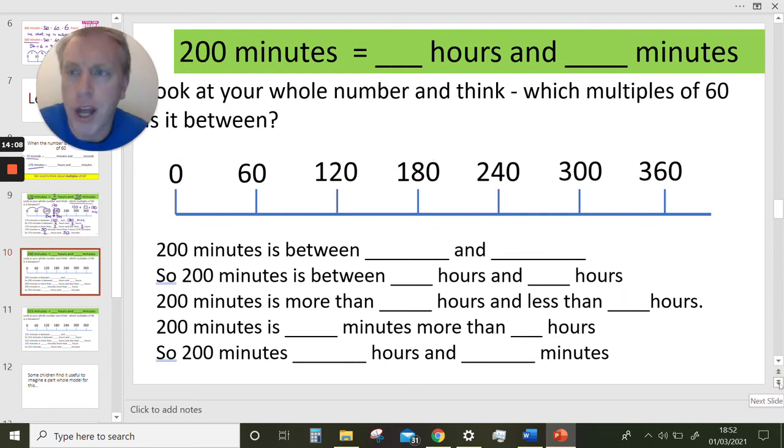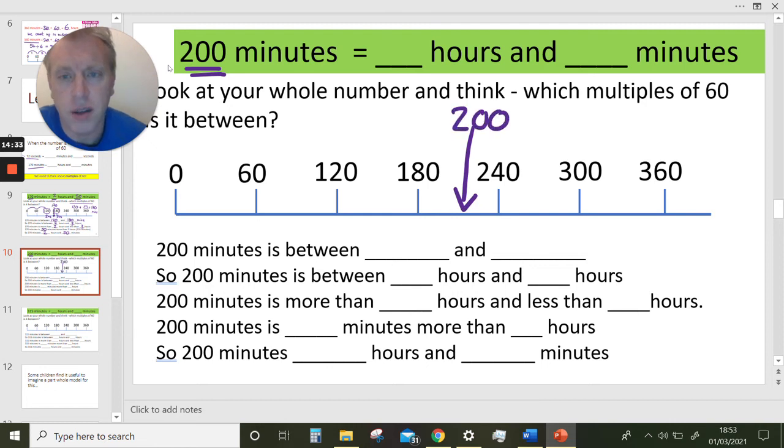So let's look at this one. 200 minutes. You've got to think to yourself, if I count up in 60 minutes, which multiples of 60 is it between? Well, where's 200 on this number line? It's between 180 and 240.